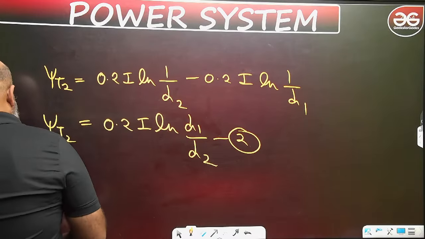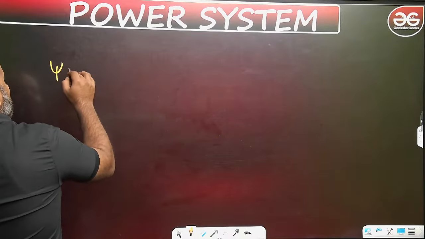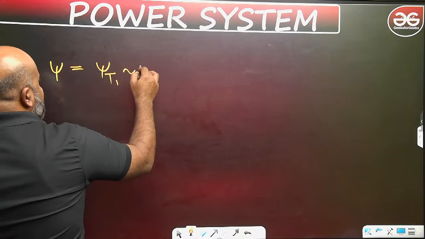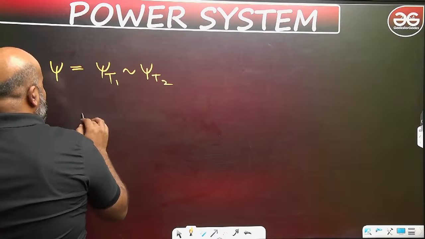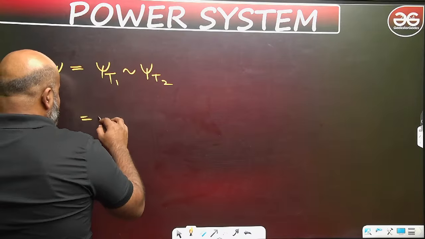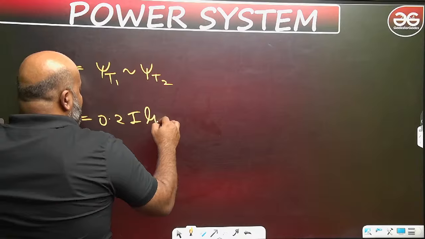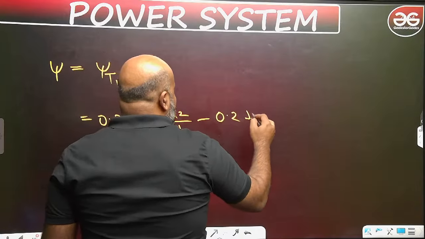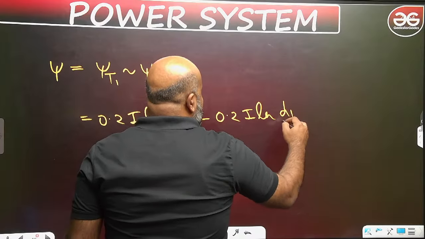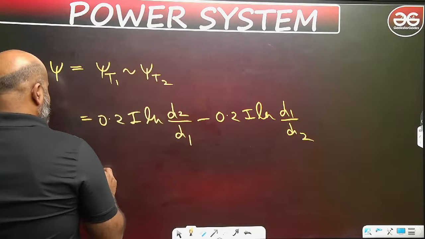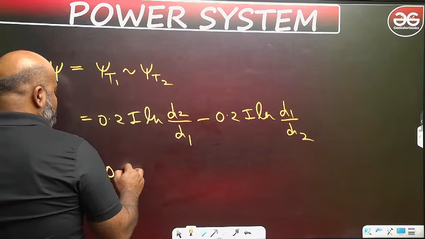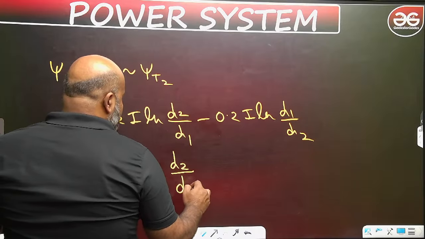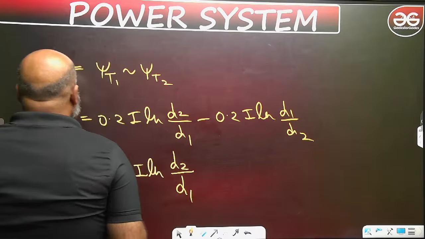Now the difference in the flux linkage is the one which decides the EMF induced. Yes or no? This is 0.2 I ln D2 upon D1, minus 0.2 I ln D1 upon D2, or if you simplify it, it becomes 0.4 I ln D2 upon D1, and this is the flux.